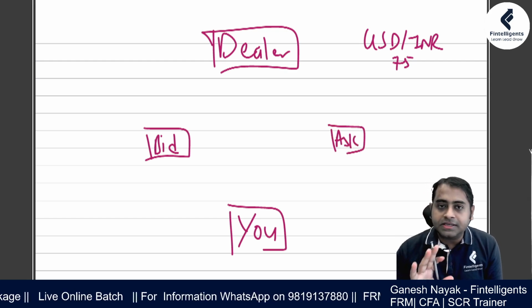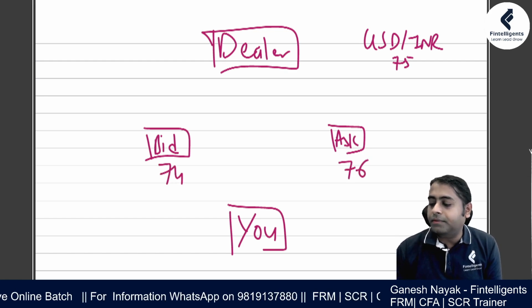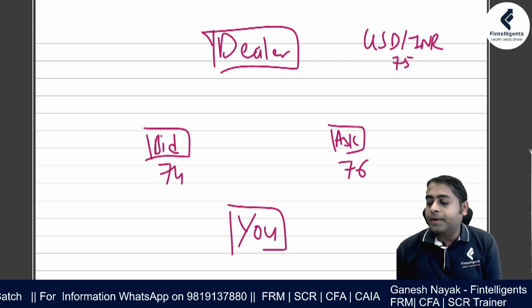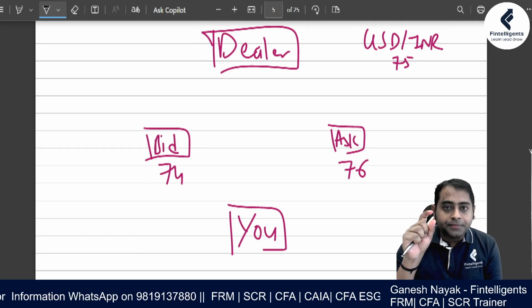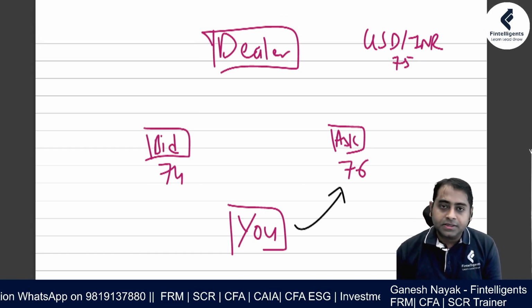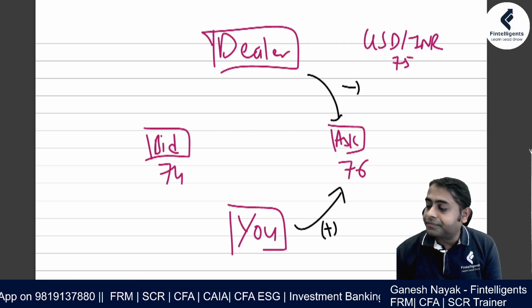I'm just taking this as a hypothetical example. So suppose this is 76 and this is 74. Generally, this much difference is not there. Now if you want to buy USD from the dealer, you will have to pay 76. So you are buying, he is selling.